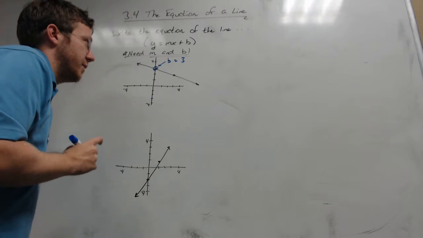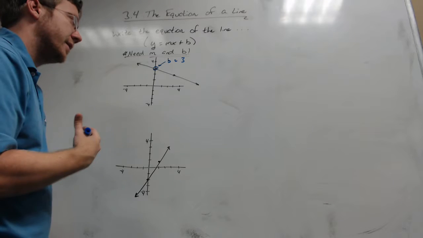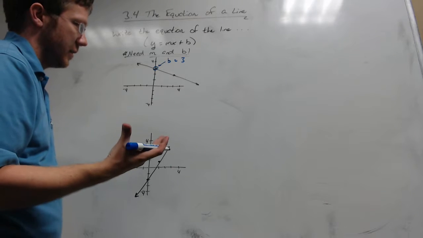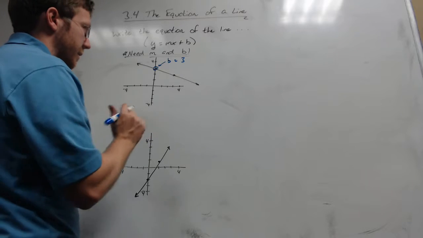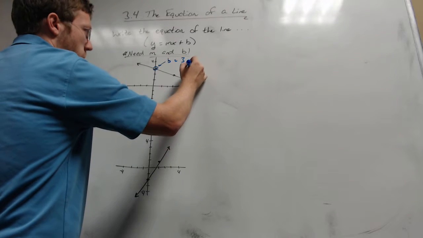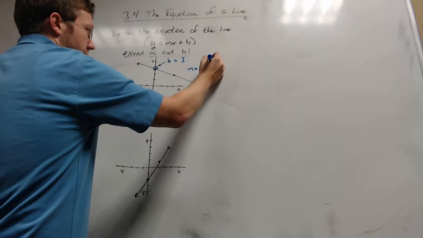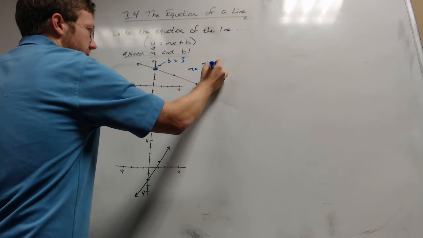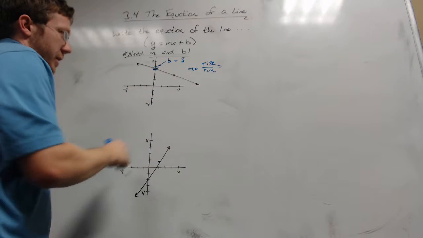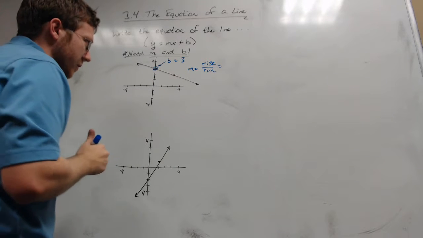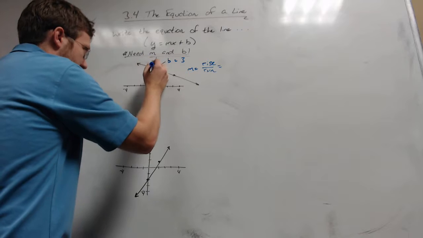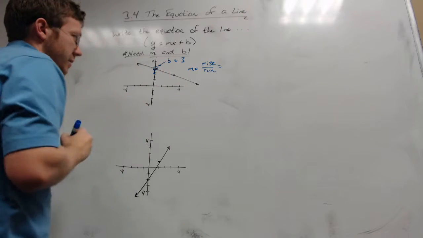And if I want to find out what the slope is, we've done this before as well, so it's a kind of a combining of ideas we've done before. Nothing really new here. If I want to find the slope, it's a rise and a run. I'm going to travel from the left point to the right point. If I was starting at the y-intercept, I would have to take one step down.